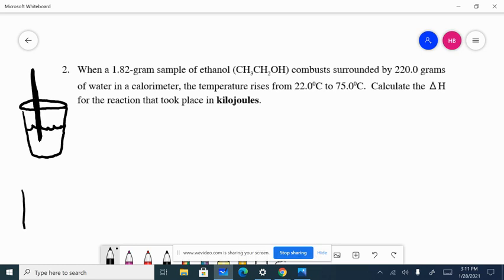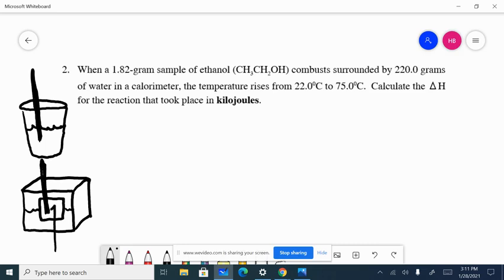This, however, is not exactly the same thing because it tells us it's combusted. I want to think of a bomb calorimeter. So how a bomb calorimeter works is I have a box inside of a box. And inside this box here is where my combustion is going to happen.